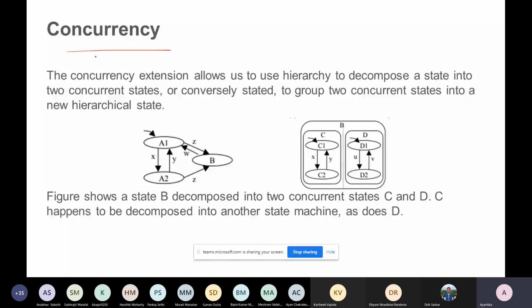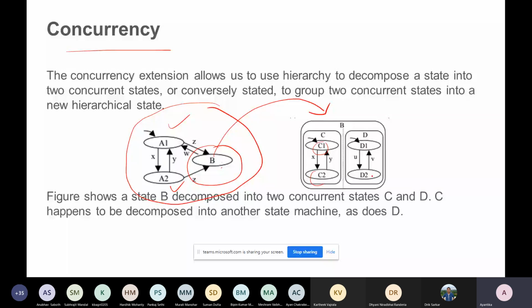So when we are talking about concurrency, let's take this example, E1 and N2. This is connected to this state B. Basically, this is an FSM where each state, A1, A2, B, can be a single state or can be decomposed into intermediate states. Here the example shows how B can be decomposed into intermediate states C and D. Again, C and D are decomposed into C1 and C2, D1 and D2.